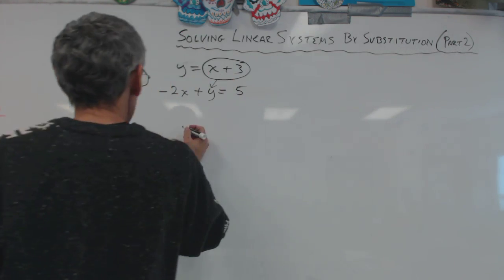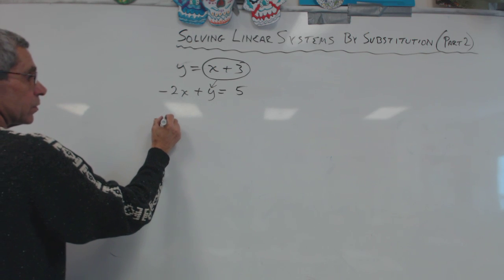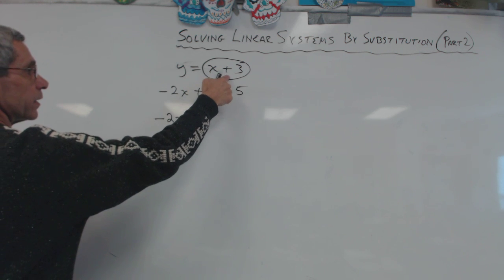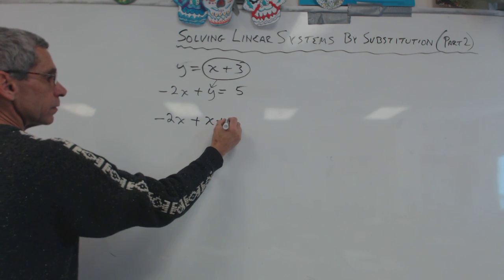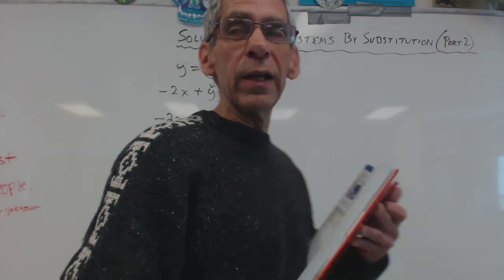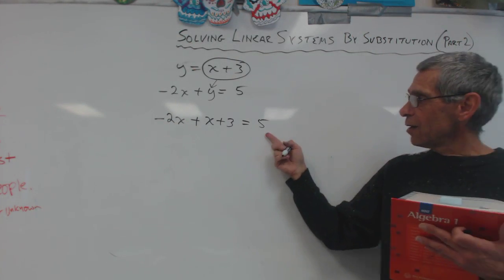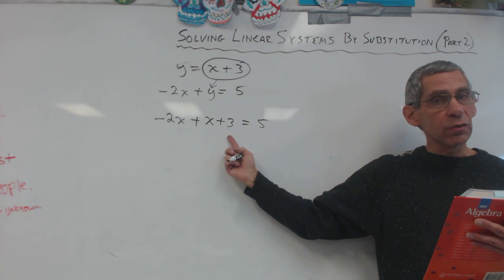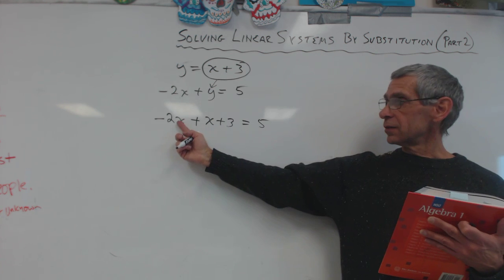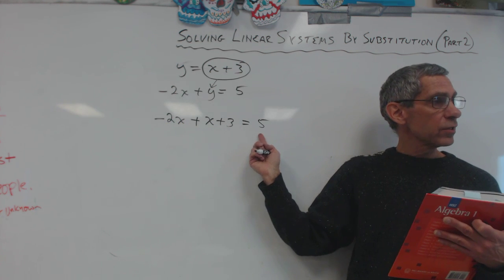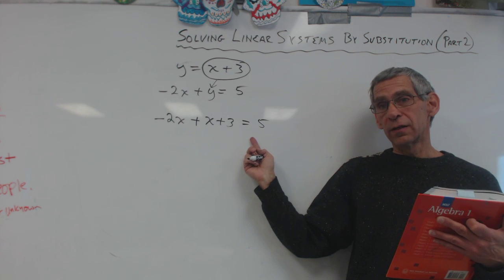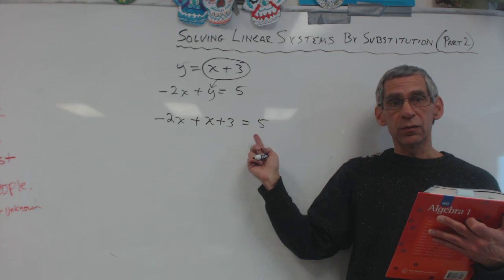So I'm going to write negative 2x plus x plus 3 equals 5. Now the beauty of this method is that I have one equation that has only one type of variable, only x's, so I can always solve it.